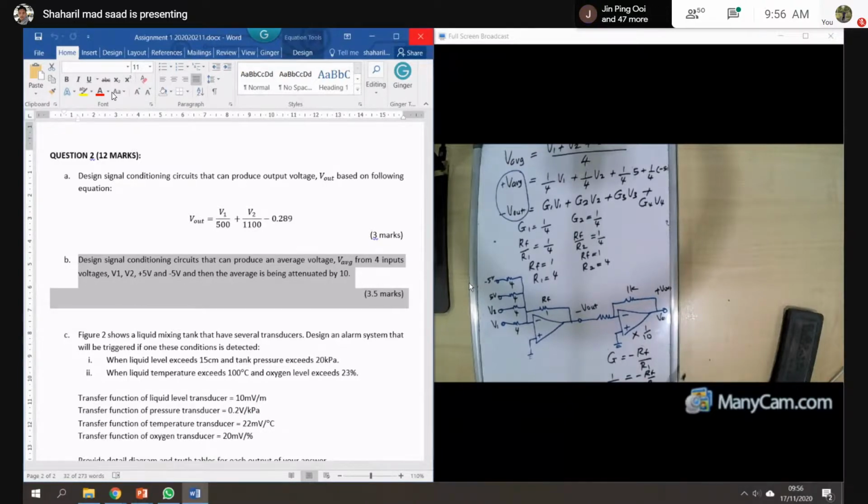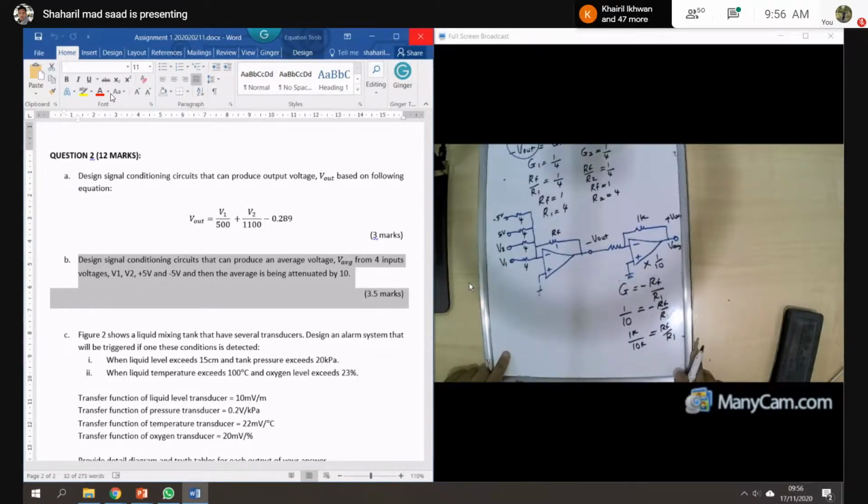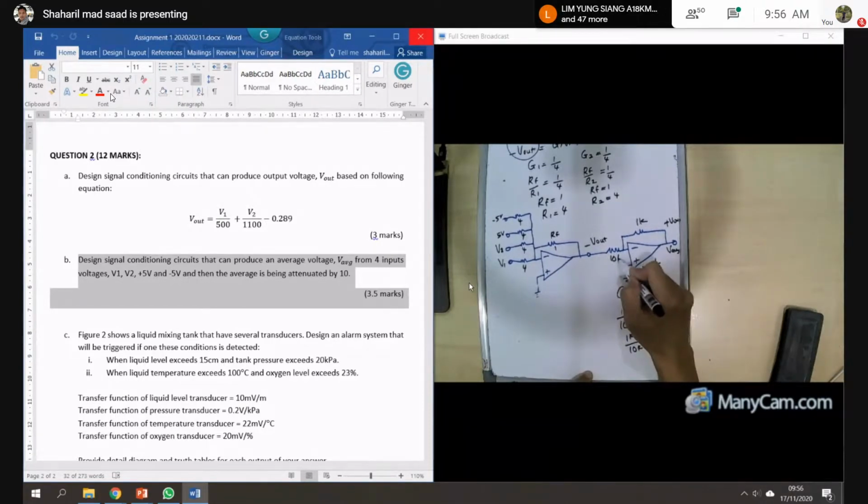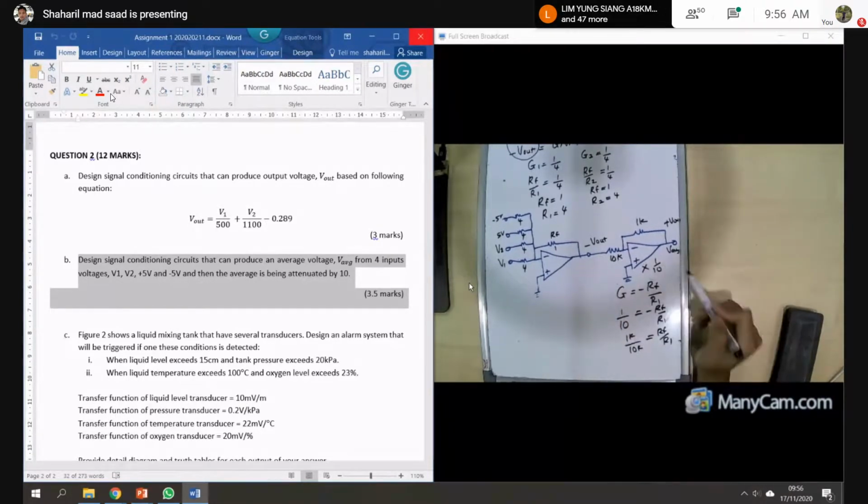So you can choose RF 1K and R1 is 10K. So 1K and this one is 10K. So it will attenuate. So this one you can do 1K and 10K here.